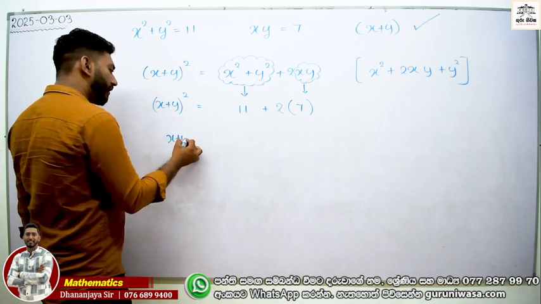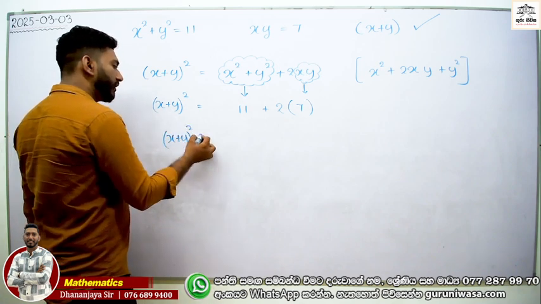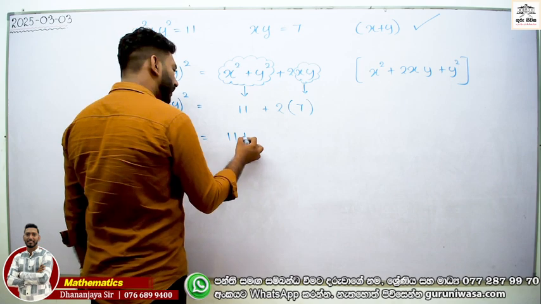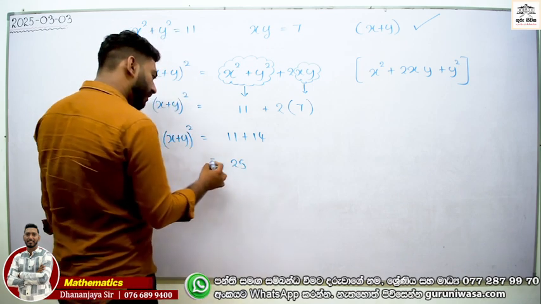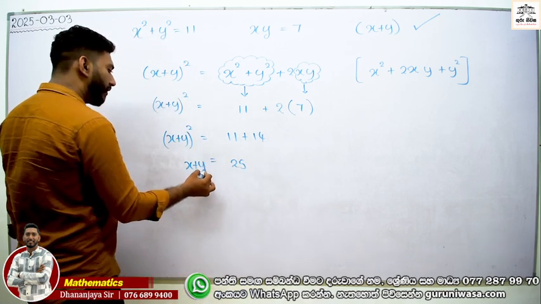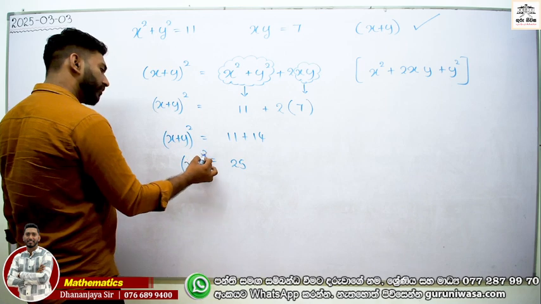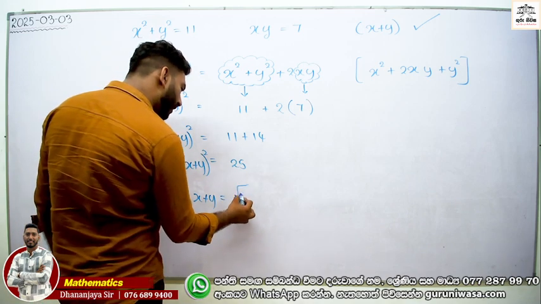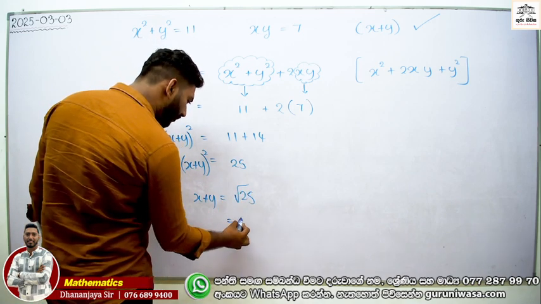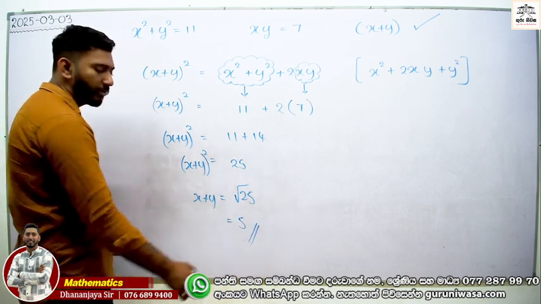Now x plus y to the power of 2 equals 11 plus 14. Now it becomes 25. And this is x plus y to the power of 2. Now how to find x plus y? It is the square root of 25. It becomes 5.